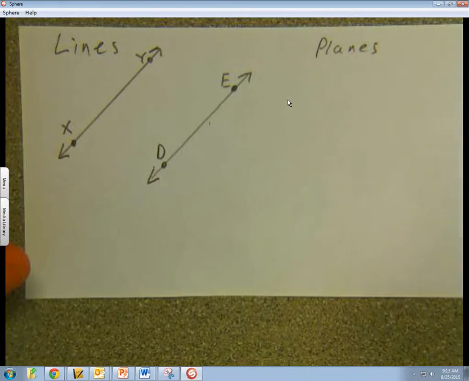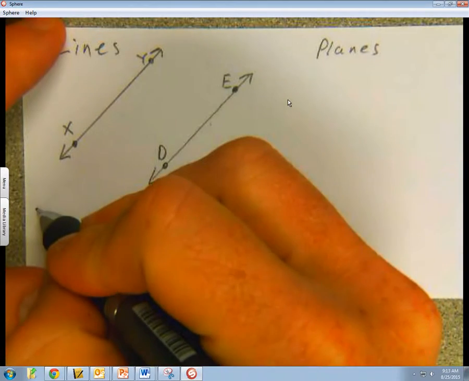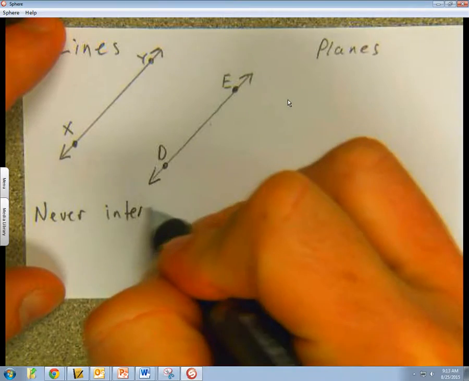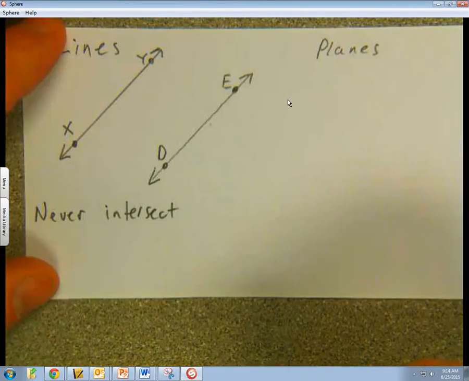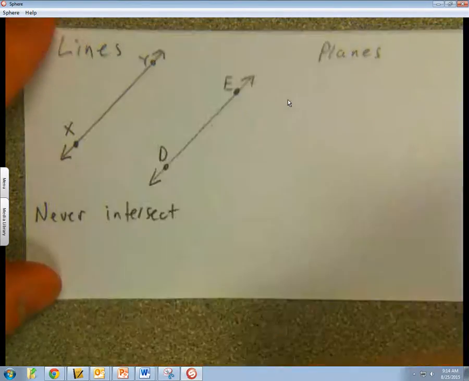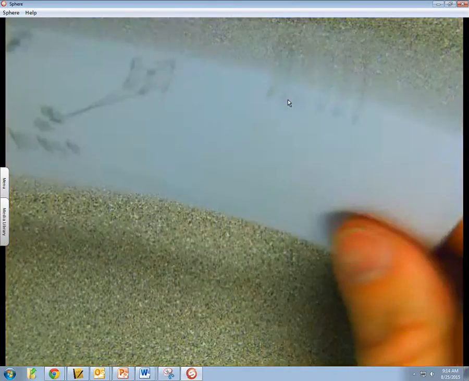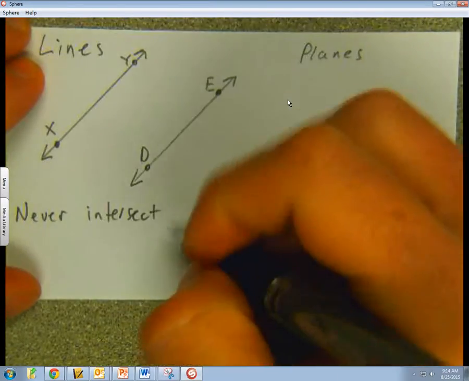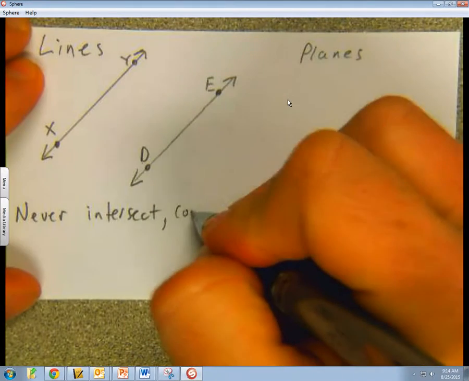They never intersect. And they're also on this note card, which we talked about earlier is a great representation of a plane. So they never intersect, and they are coplanar.